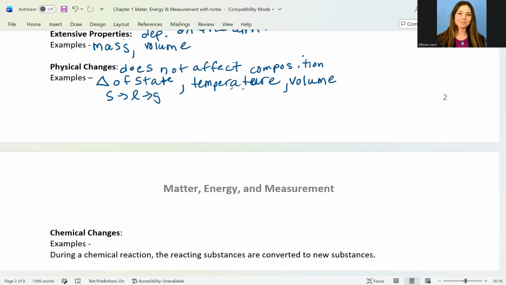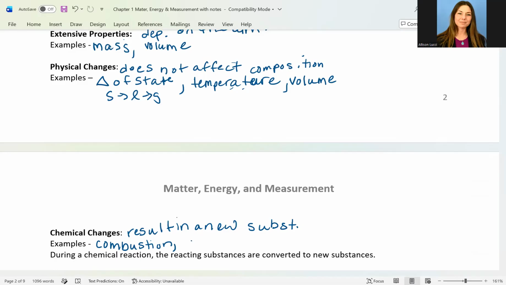So then we have some chemical changes down here, and these will result in a new substance. So we can say result in a new substance. So some examples of this could be a combustion. So you burn something under oxygen, you combust it. For example, methane gas, you're going to get carbon dioxide and water.